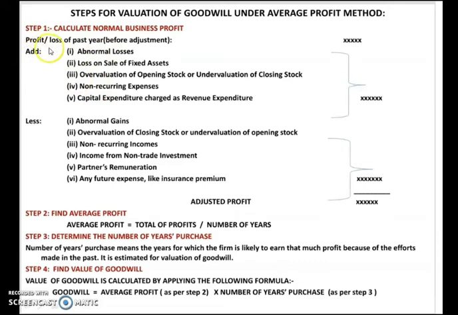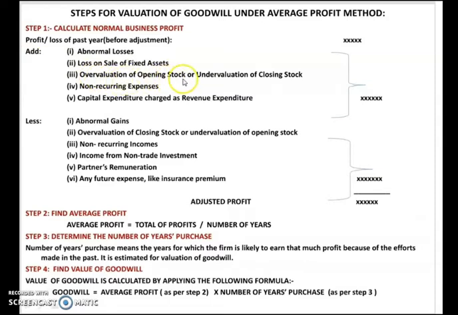So what are the items coming under the add list? First one, abnormal losses. So if losses are there, you have to add it. Loss on sale of fixed assets. So if you happen to sell a fixed asset and there was a loss on this sale, then that you have to add.